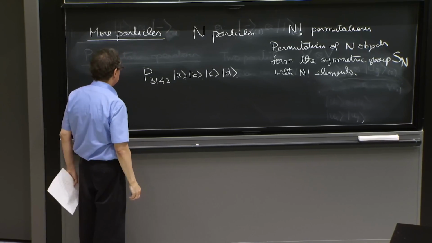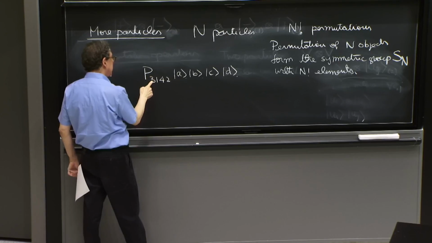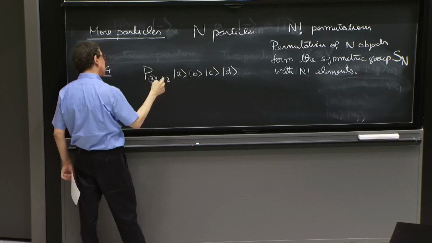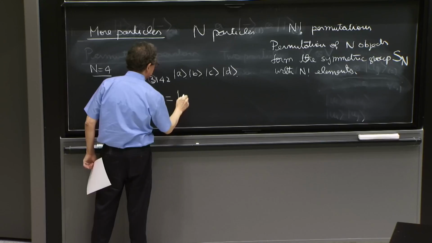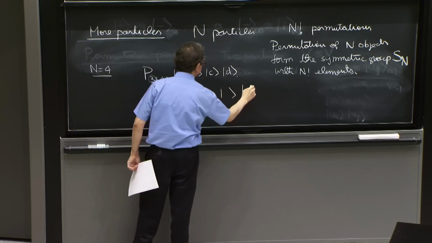The instruction is put in position 1 the third state. So here it says 3, so the third state goes into the first position.